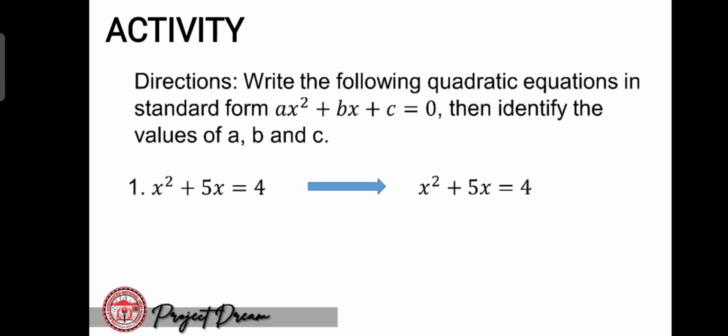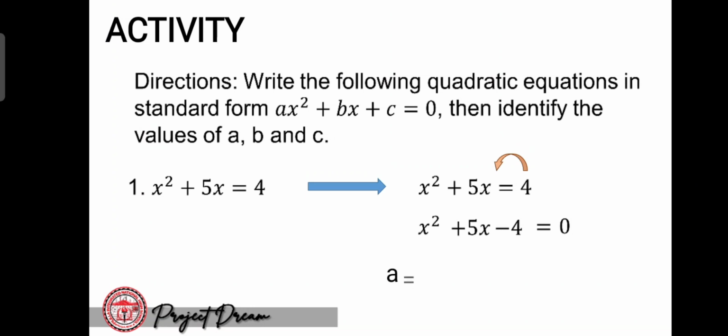So let us copy the given, and then we will transpose positive 4 to the left side of the equation. So let us copy x squared plus 5x. So from positive 4, it becomes negative 4 is equal to 0. Now, since the given is already in standard form, let us now find the values of a, b, and c.